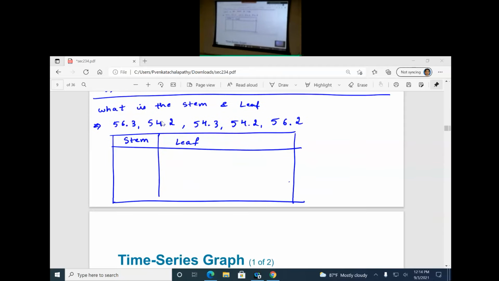Now, how do you construct a stem and leaf for decimal numbers? So I told you, if there are three digits, what do you do? You keep the first two digits in the stem and you write the remaining digits in the leaf, right? What will you do if you have decimals? What do you think the stem and leaf looks like?